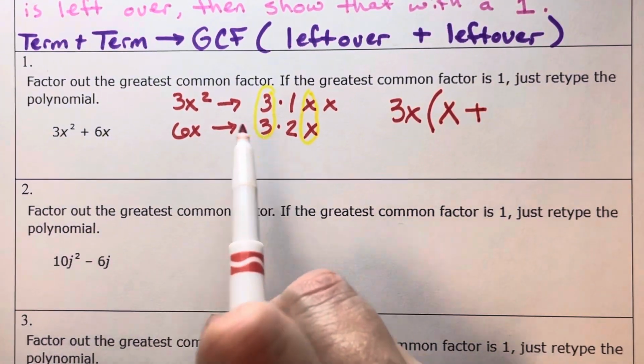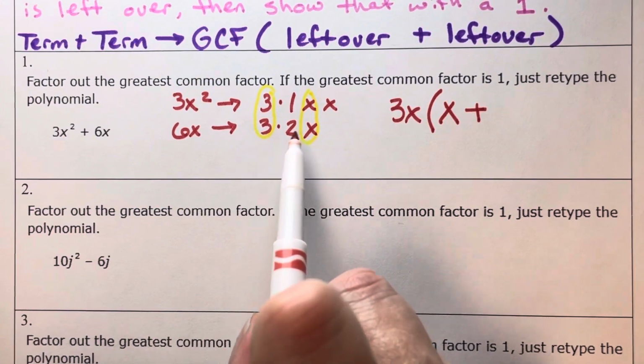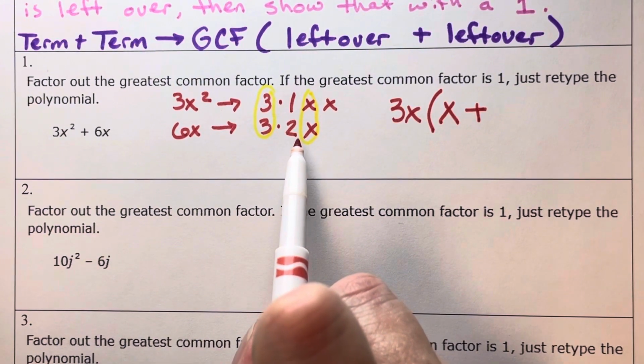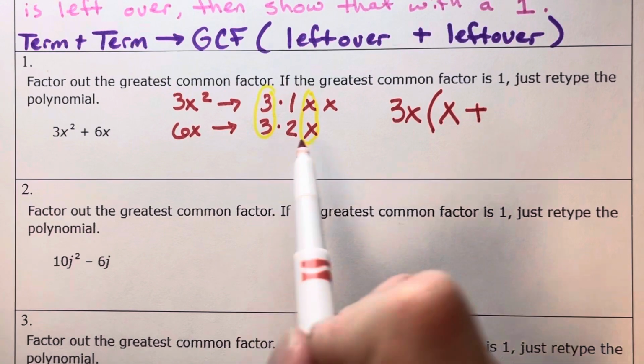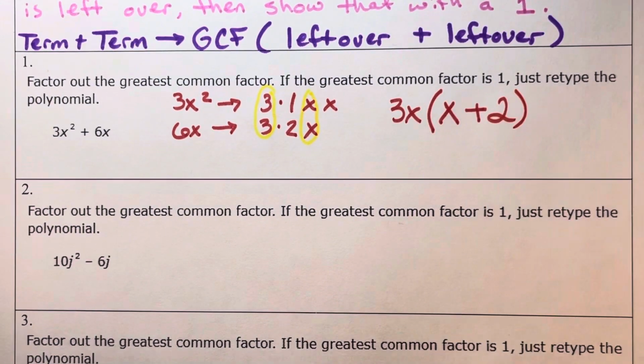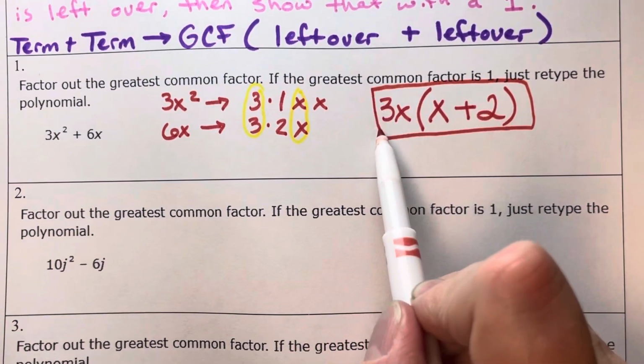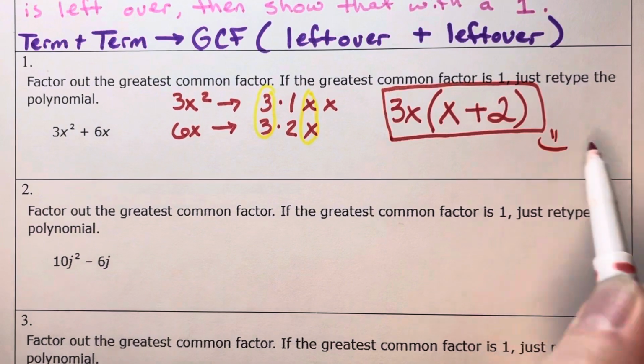And then I look at my second term, the 6x, and I say, okay, so what didn't make it into its greatest common factor? The 2. So the 2 is what comes after my plus sign. Close it out with my parentheses. And there you go. We have factored our first polynomial.